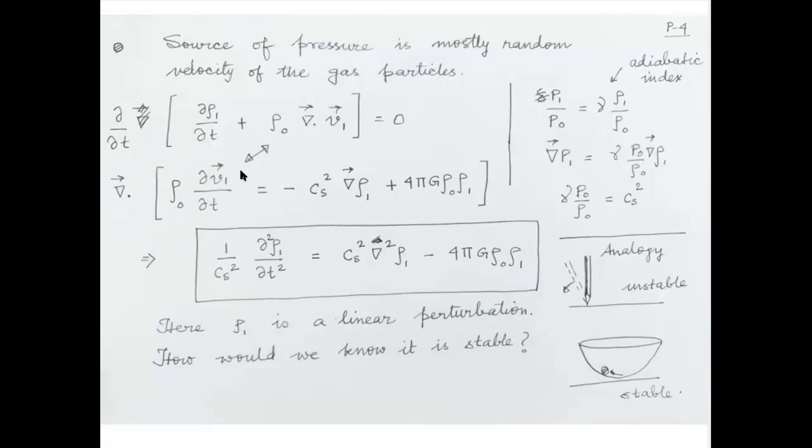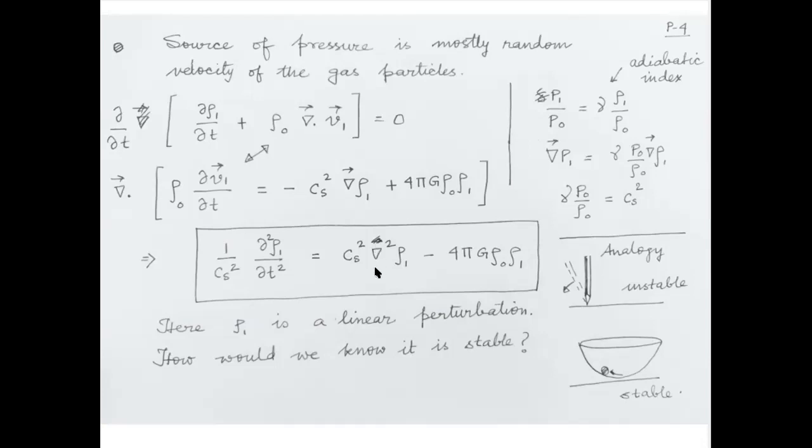So I can replace the corresponding thing from here and put that back in here, and I get this nice equation. So now these two equations of the perturbations of velocity and density are combined in a single equation of perturbation only of the density. You can also write the similar thing for the velocity perturbation, but we are not interested in that right now.